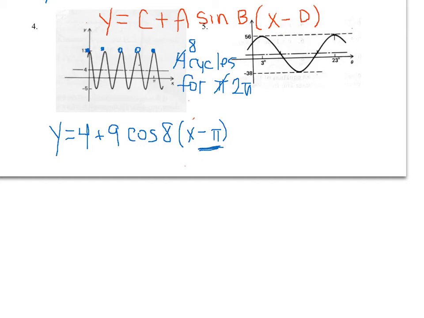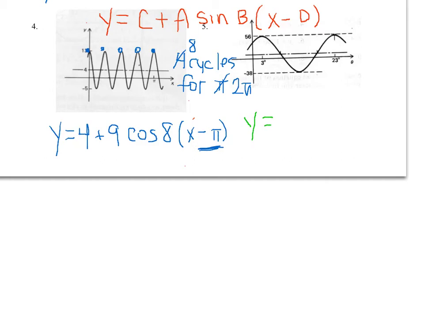Okay, now looking at number 56. Let me switch the color here. I'll switch it to green. All right, so you're not given your sinusoidal axis here. So we have y equals, and you're going to have to do just a little bit of work to find that middle number. Some people like to average the two numbers.